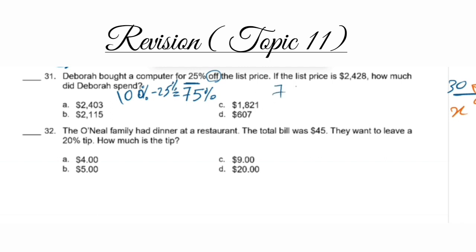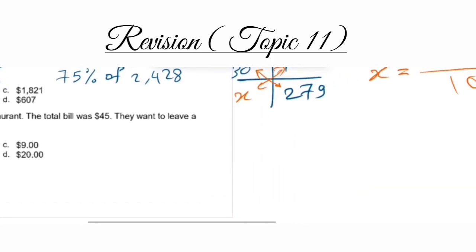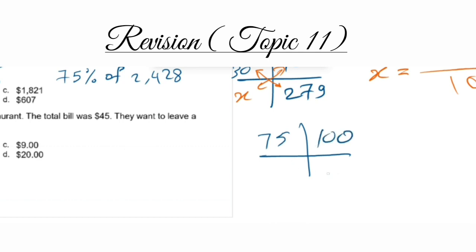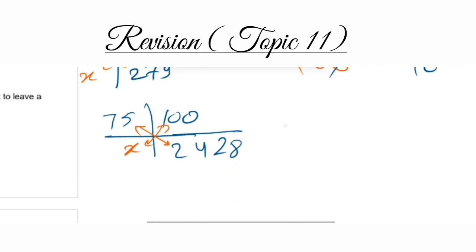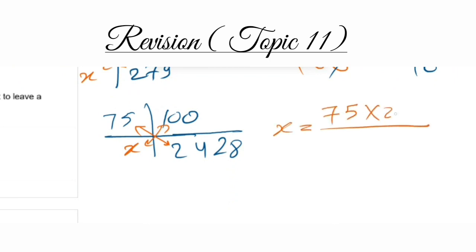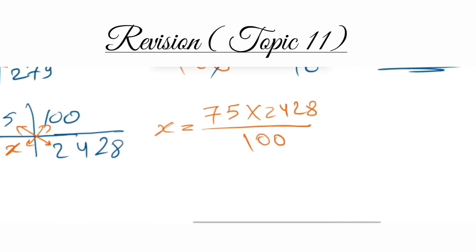Let's find 75% of 2,428. Okay, 75, and the total here is 2,428, and we have here x. Use cross multiplication. So x is equal to 75 multiplied by 2,428 and divided by 100.